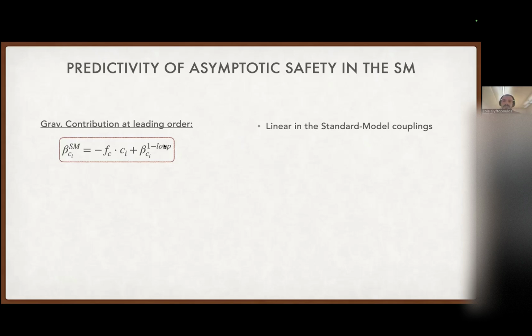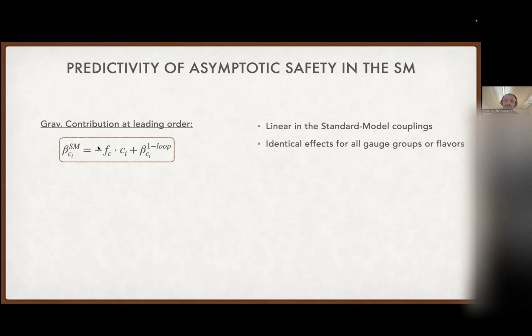Now, the important part here is that this gravitational contribution is identical for all gauge groups and flavors, because gravity does not distinguish between different quarks and does not distinguish between different gauge groups. This f_c will be the same for all gauge couplings, and then for all Yukawa couplings. Of course, between gauge and Yukawa couplings this will be different, but the same type of interaction will have the same type of contribution.